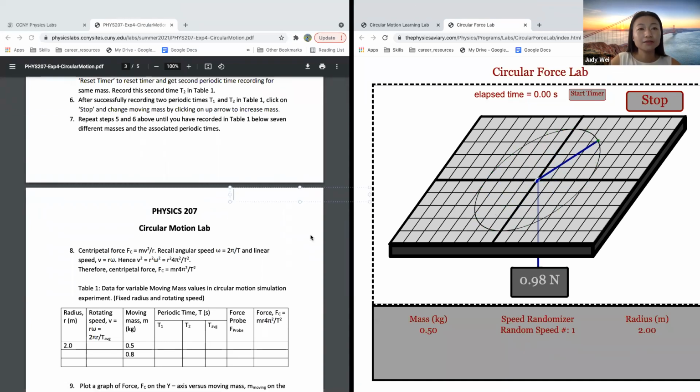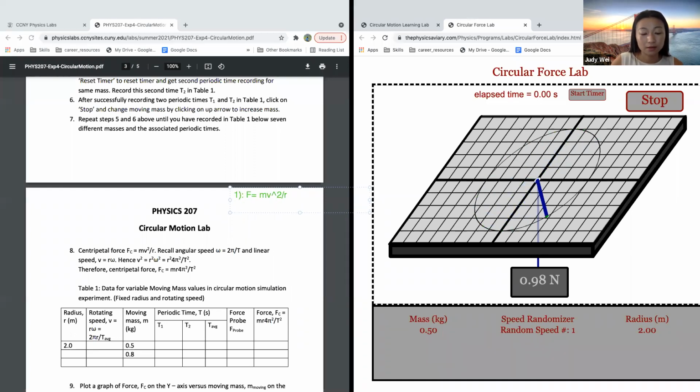So we have this F centripetal force equal to mv squared over r. So this is what we know. And actually, when you calculate the centripetal force, you can use this one because the v you already calculated from here, right? So you can use m v squared over r. So this is one way to do it. One way.